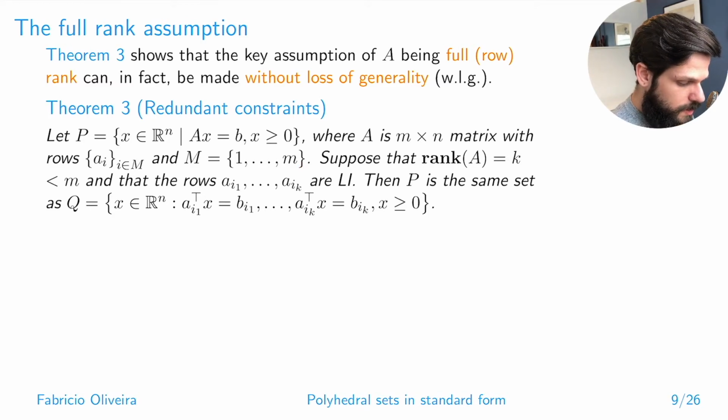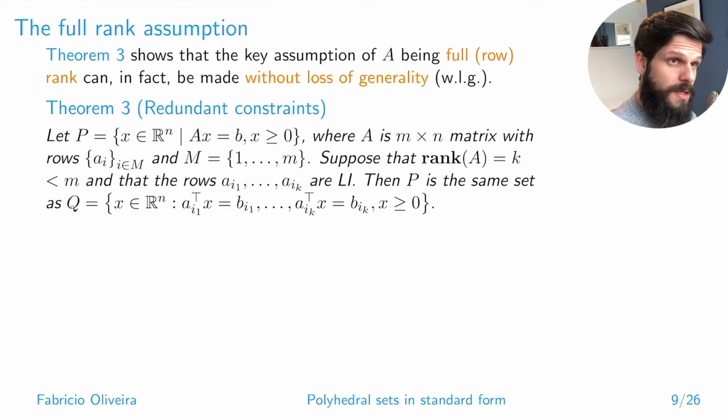And I'm assuming that the rank of my matrix A is less than m. So that means that my rows are not linearly independent. I only have k linearly independent rows, not m. So some of them are linearly dependent on the others. But I can find k rows that are linearly independent.